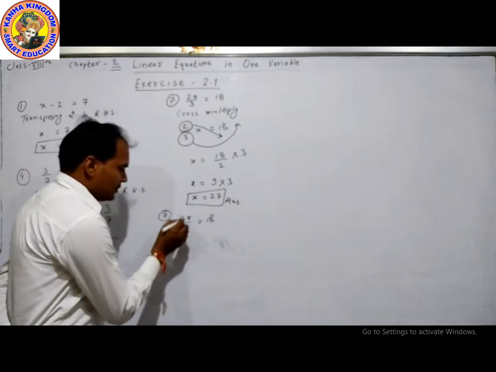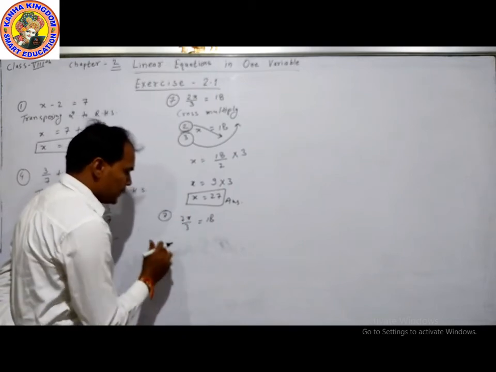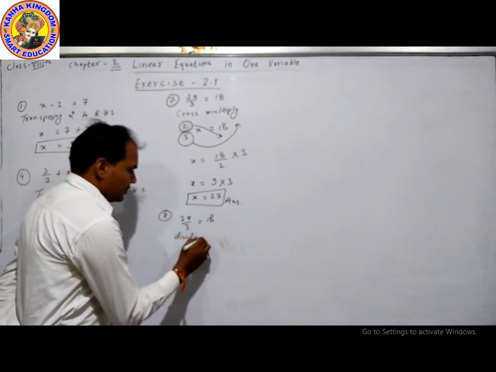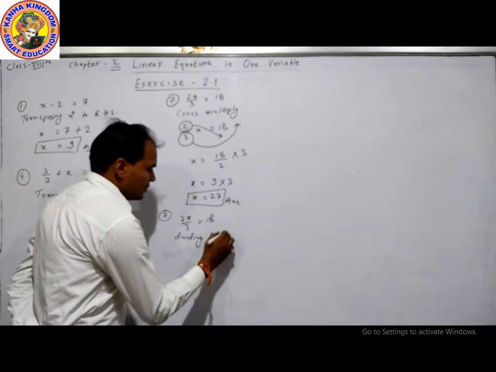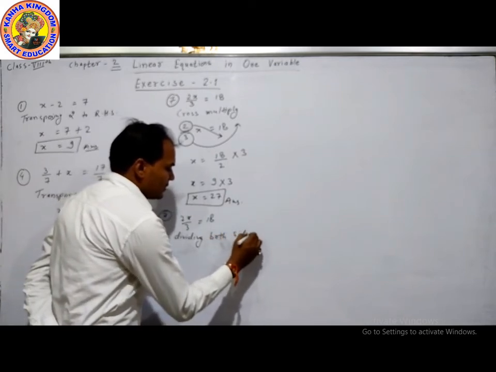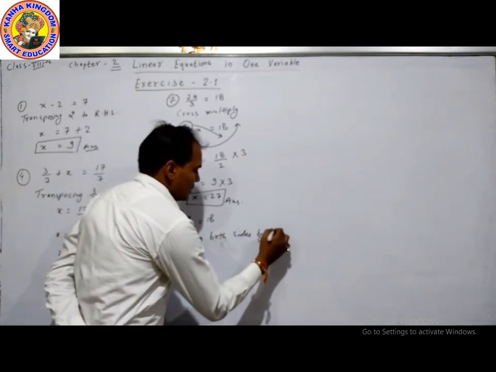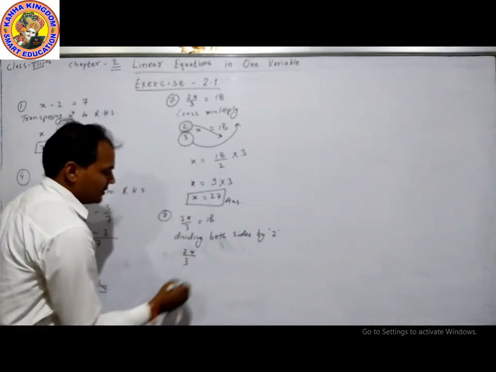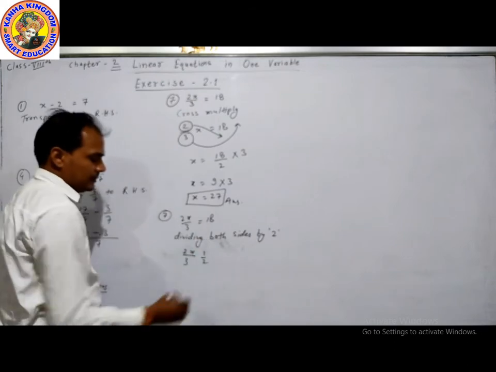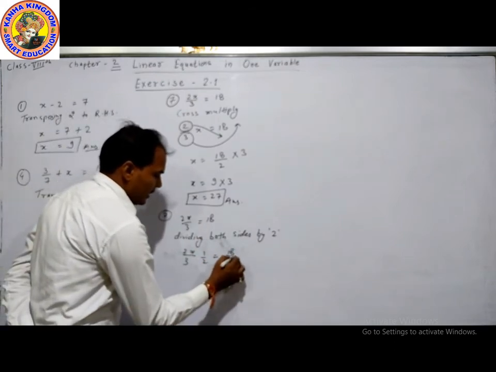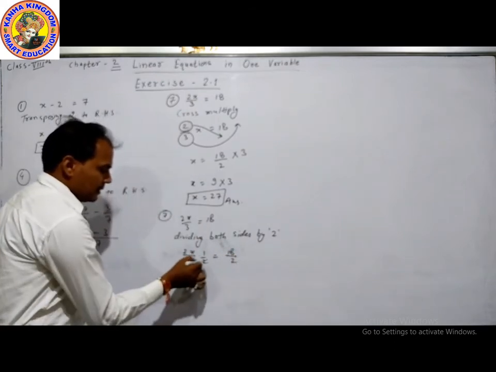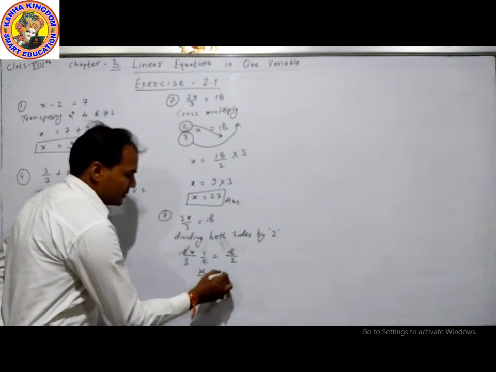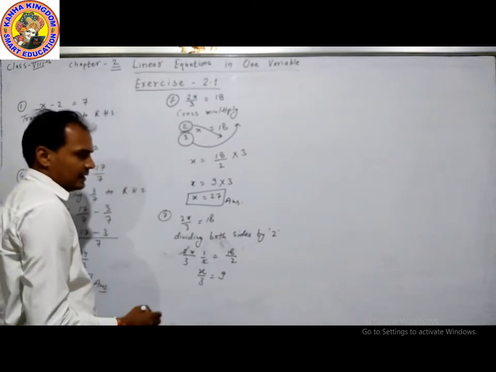First of all, we have to remove 2, so dividing both sides by 2. 2x by 3 divided by 2 is equal to 18 by 2. Here 2 and 2 cancel out. x by 3 is equal to 9.